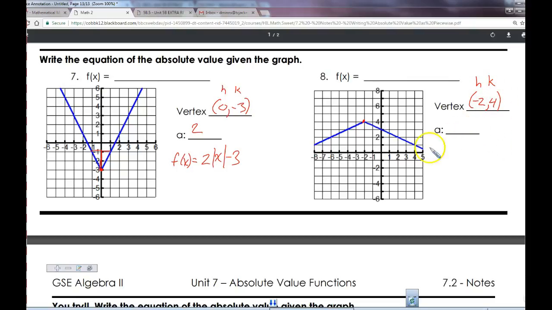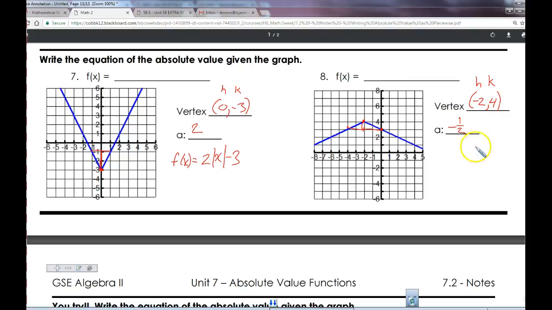What's our a value? Well, let's see. We know it's going to be negative, so down. Down 1 over 1 isn't there, but down 1 over 2 is a point on the graph. Down 1 over 2, down 1 over 2 in that direction. So we're at negative 1/2. This is a shrink. This is wider than normal.